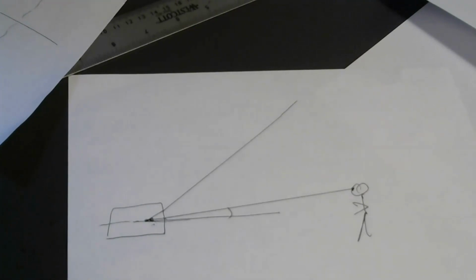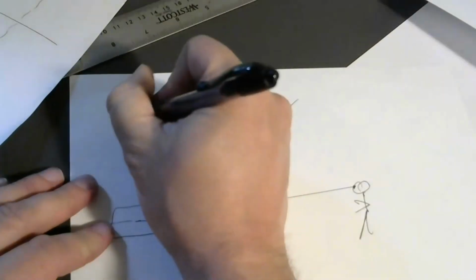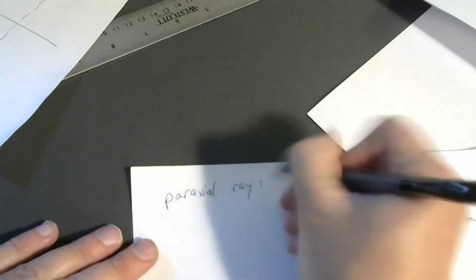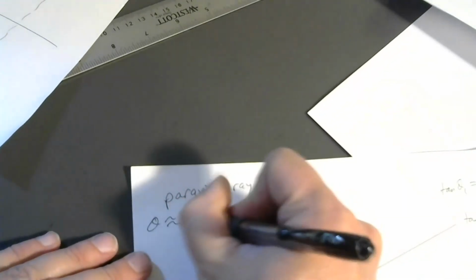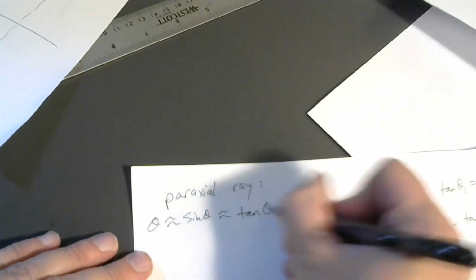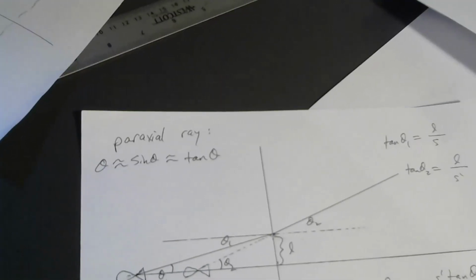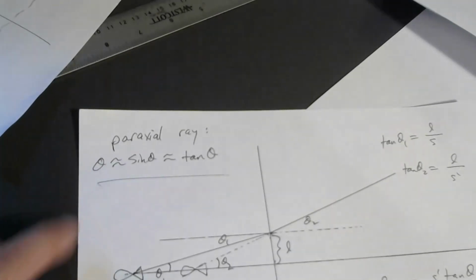And we know that for angles that small, for paraxial rays, theta is practically the same as the sine of theta, which is practically the same as tangent. If you don't believe it, put your calculator in radian mode and check the sine and tangent of some small angles, and you'll see that this is really accurate.